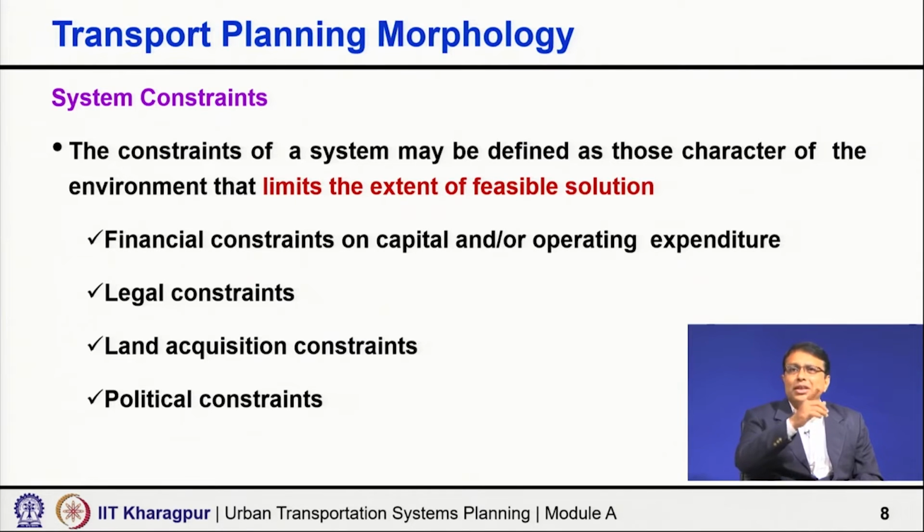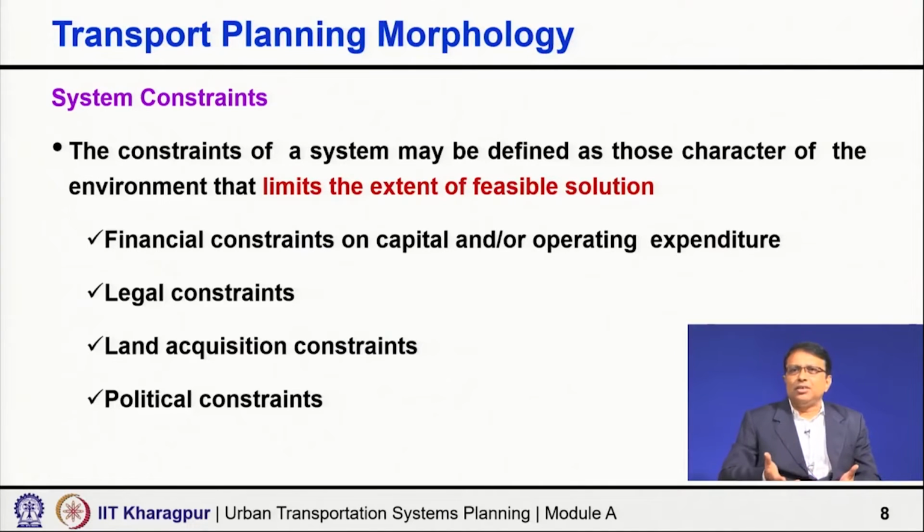So, you must understand the legal constraints. You must understand, can you get the land? In a busy area of Bombay or Calcutta or some other city, you are trying to come out with a solution, you can tell many things, but maybe in a given context it is not possible to do land acquisition. So, it is meaningless to come out with a solution which will require land acquisition.